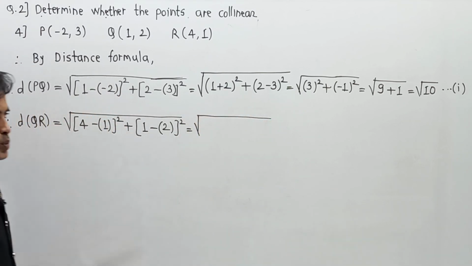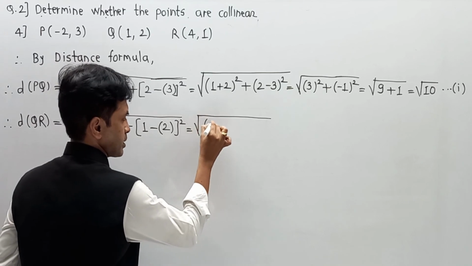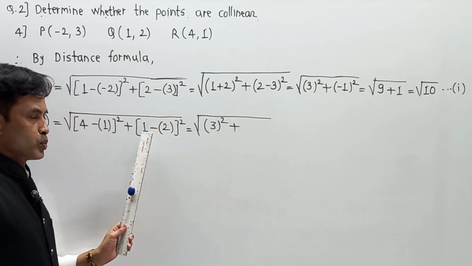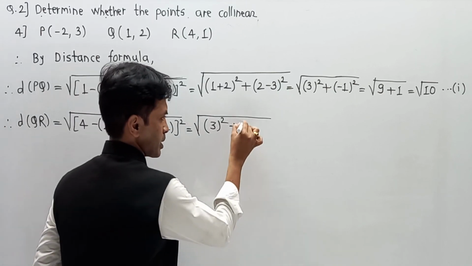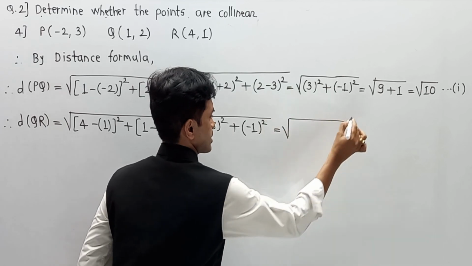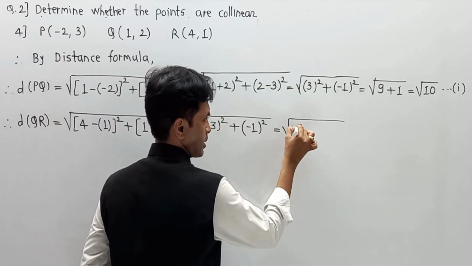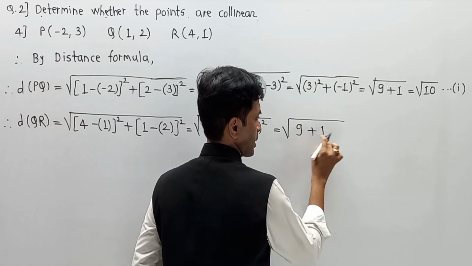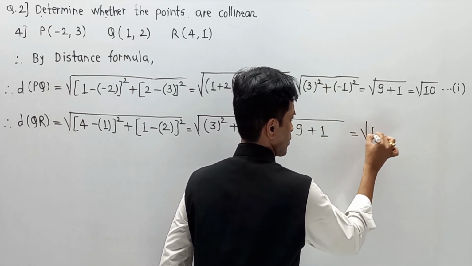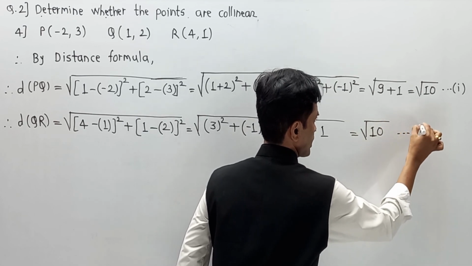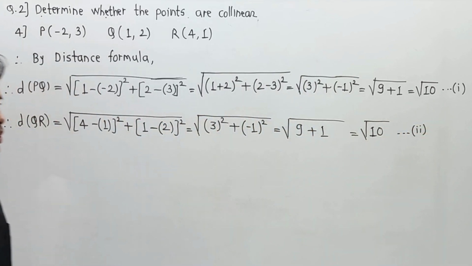Simplification: 4 minus 1 is nothing but 3 square plus 1 minus 2 means (minus 1) square. Simplification, 3 square is 9 plus minus 1 square is 1, and 9 plus 1 is nothing but under root of 10. This is the second value that we are able to calculate over here. So I'm going to call it equation number 2.